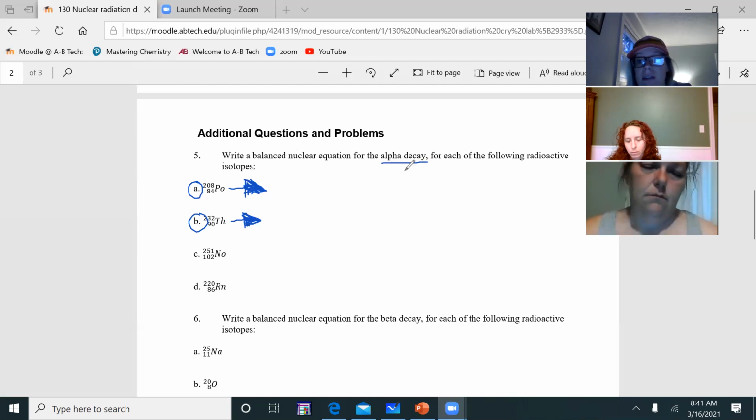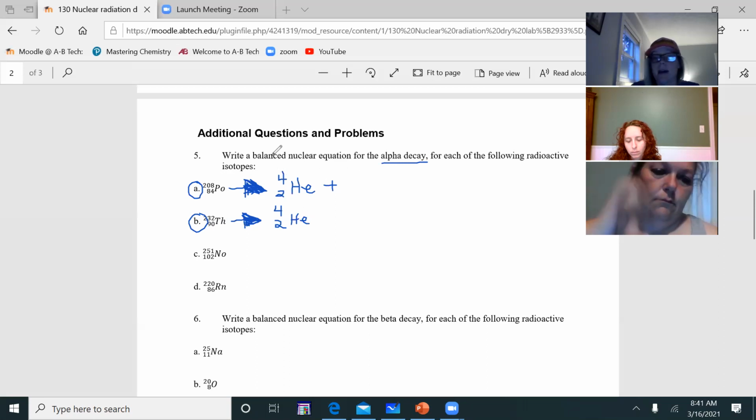Okay, so if this is undergoing alpha decay, right off the bat you can write an alpha particle, 4 2 He. You can just do that for all of them. So I've got 208 here. That means that the total on this side needs to be 208 as well.